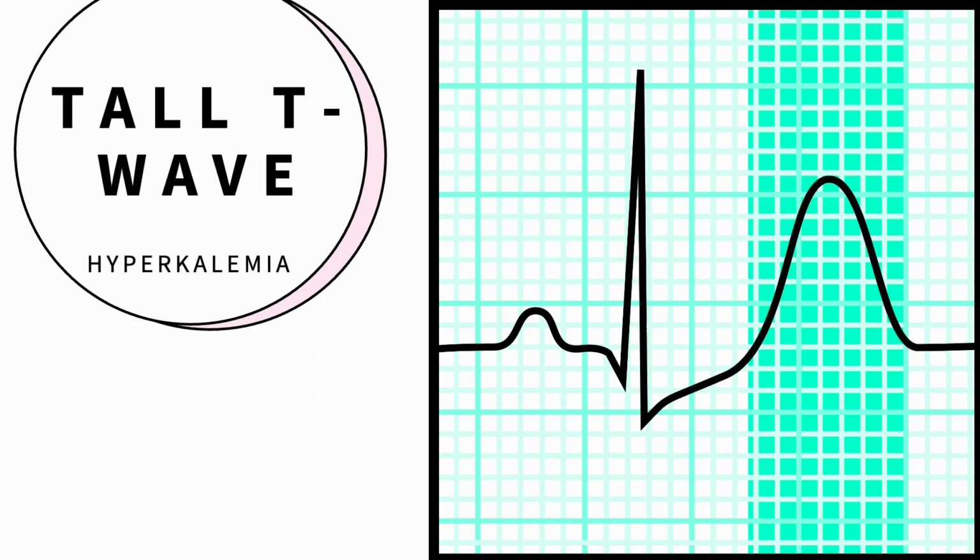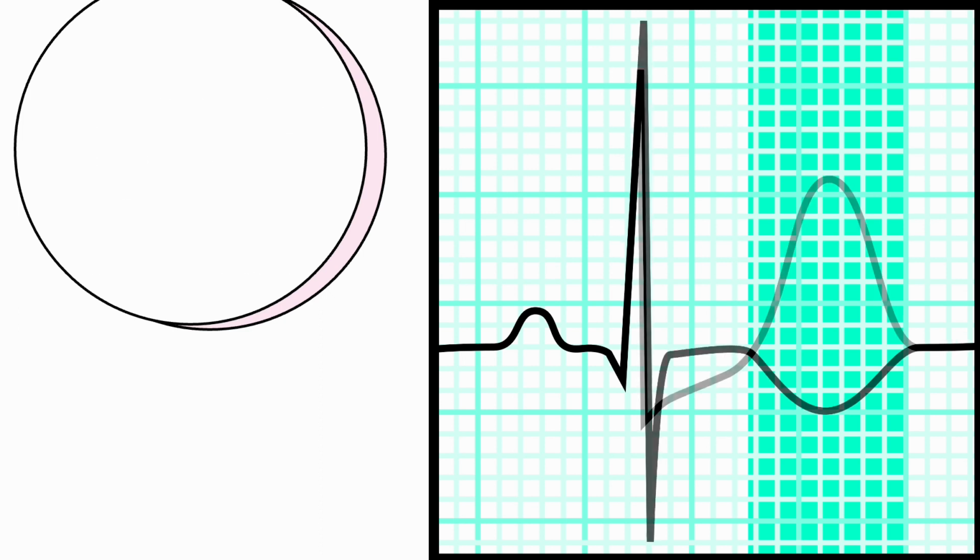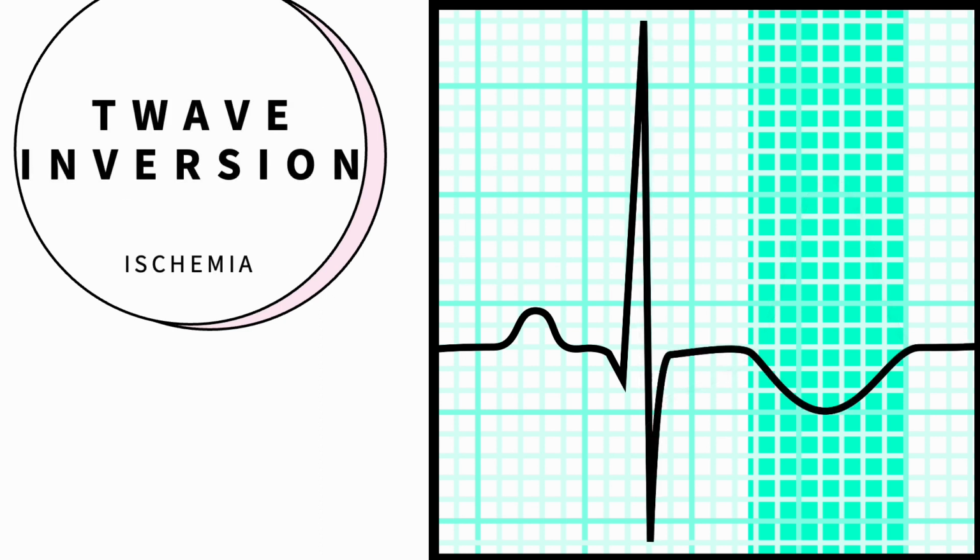If it's a very high amplitude because there's a lot of potassium due to hyperkalemia, it's going to be a tall T wave. If repolarization is reversed or affected because of ischemia, the T wave will appear inverted.